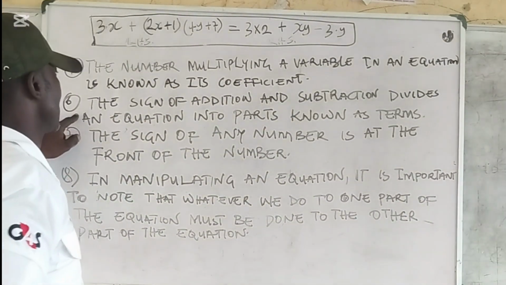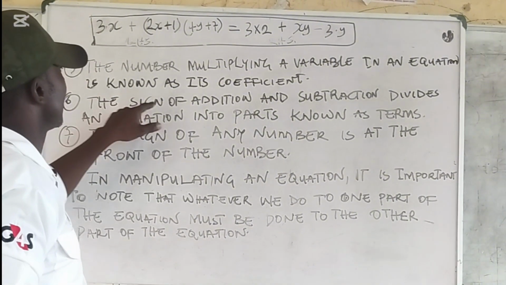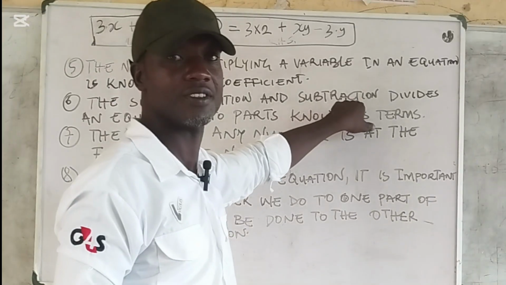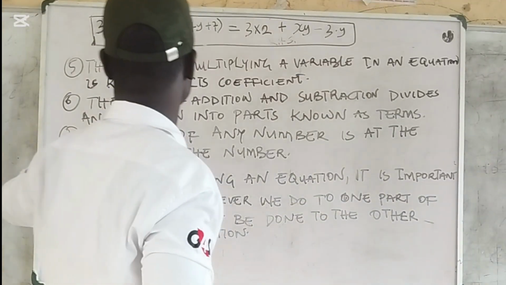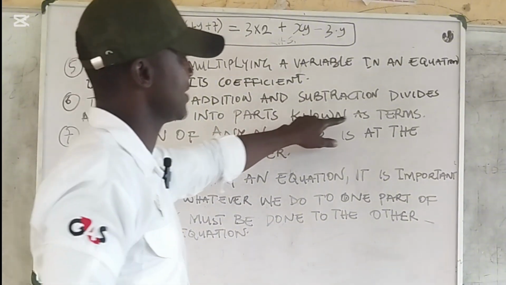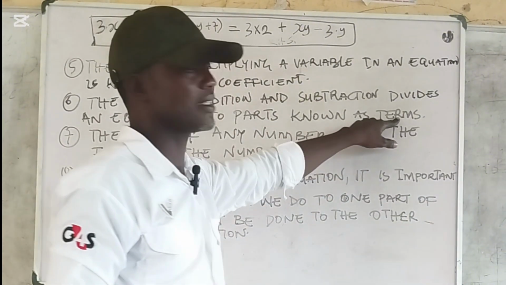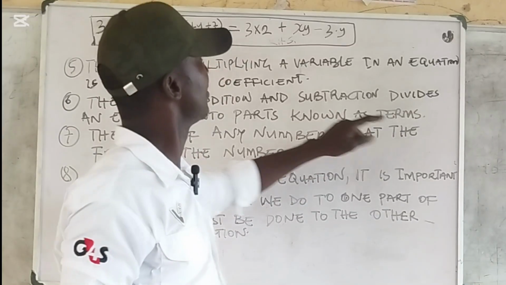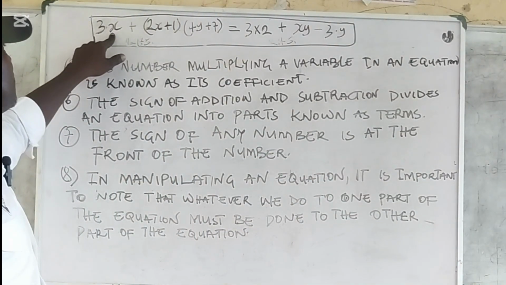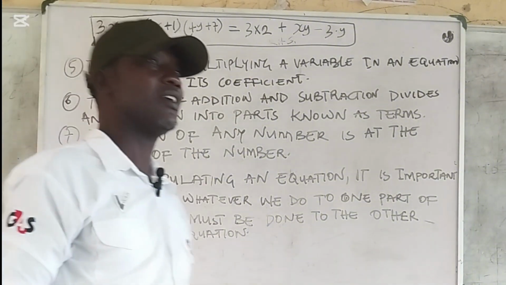Let's go straight to the sixth one. The sixth one is: the sign of addition and subtraction divides an equation into parts known as terms. So let's go back to our sample equation and see if we can use this to explain number 6.